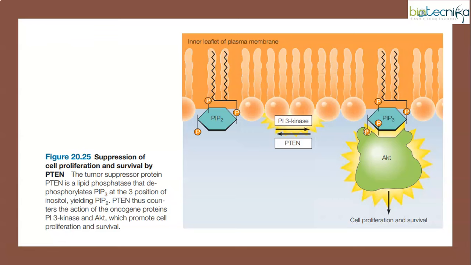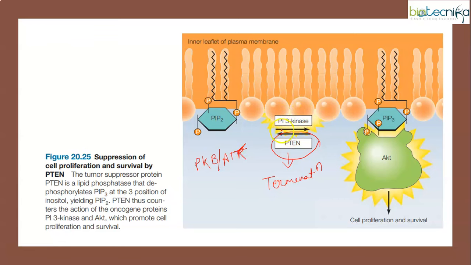Next, we have PTEN gene. So, PTEN is a common protein that is involved in the signaling process. In fact, I must say it results in termination of a signaling process. Now, this is related to PKB or AKT pathway.